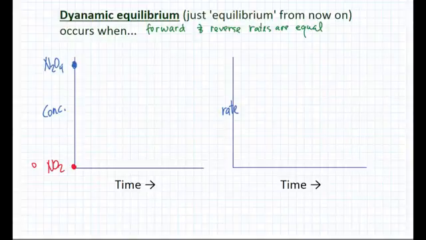We said that the forward rate starts fast for removing N2O4. So that means its concentration is going to drop fast to start with. Right? But then we said the forward rate decreases. What's that going to mean about how that line is going to be shaped if the rate is decreasing?